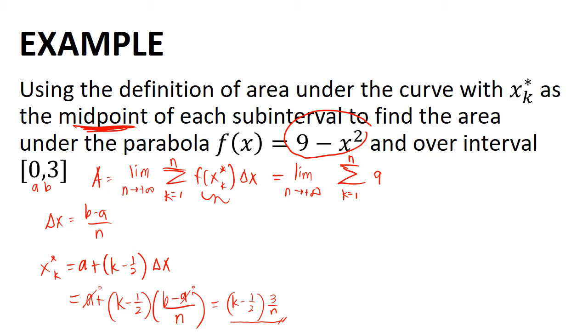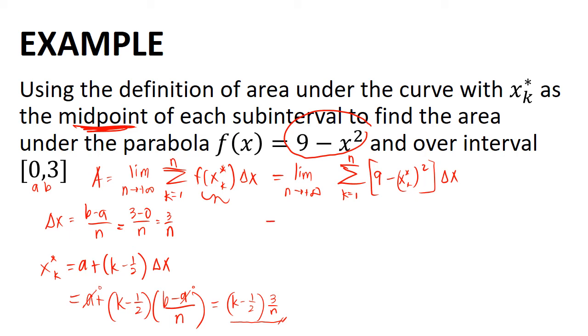So, it becomes 9 minus x star k squared times delta x. So, our delta x here is 3 minus 0 all over n, which is 3 all over n. Our x star k is k minus 1/2 times 3 over n.